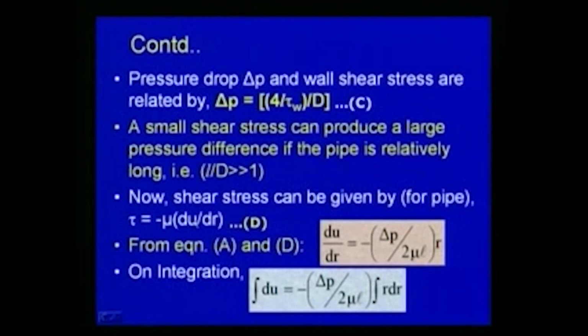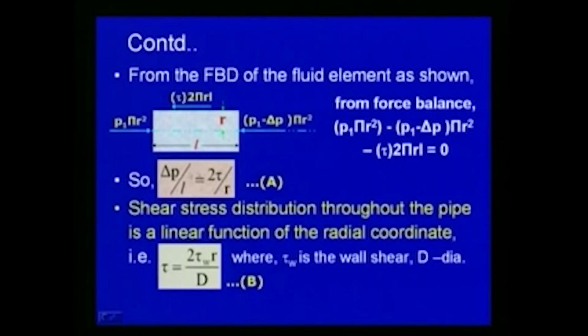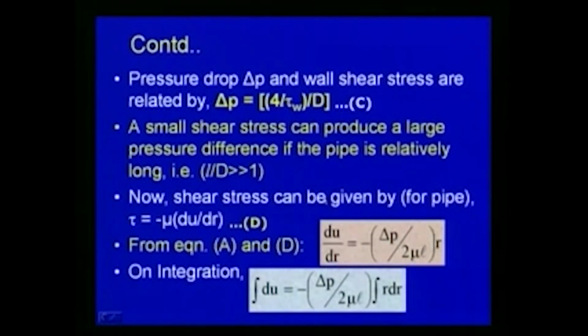Now, as we discussed earlier, the shear stress in pipe flow, from Newton's law of viscosity, we can write tau is equal to minus mu du by dr, as in equation number D. If you use equation D and our earlier equation A, delta P by L is equal to tau by r, then we can write the velocity gradient du by dr is equal to minus delta P by 2 mu L into r.